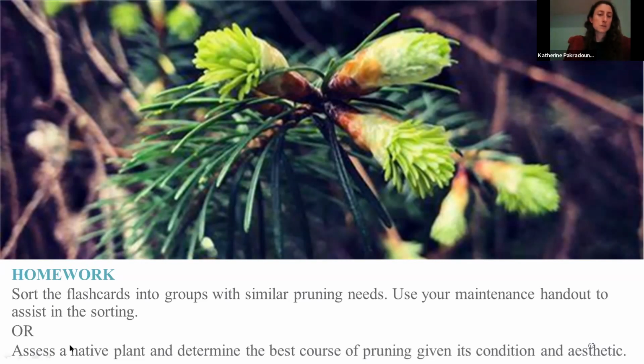That could be a tree as well. So could be trees, could be a grass, etc. So just assess the native plant, determine the best course of pruning, and send that to me at wildergardens@gmail.com. And that is our last slide.